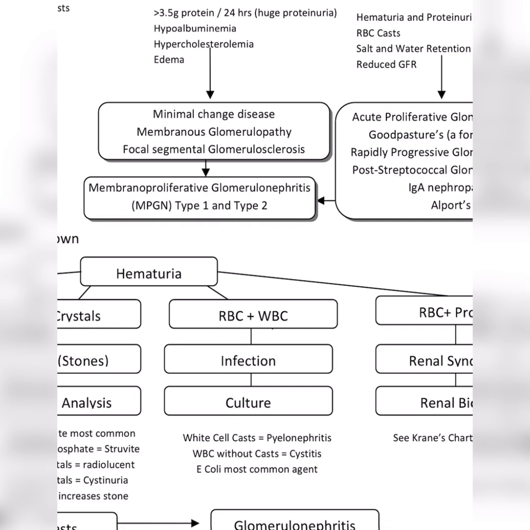If WBCs are there without casts, only WBCs, then it means that the problem is not in the kidney, it is outside the kidney, in the urinary bladder or somewhere in the urinary tract. So it can be cystitis. E. coli is the most common organism in GI problems as well as genitourinary system infections.